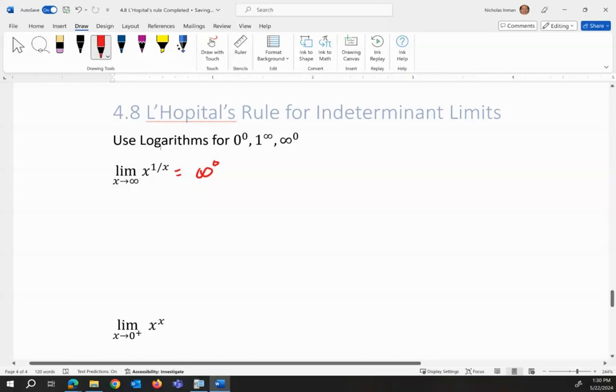Remember, these are limits, so it's not actually 0 and it's not actually infinity. The bottom number's getting really big, but the top number's getting really close to 0. It's weird. So the method that we employ here is logarithms. If we say that this is equal to some limit L, let's put that over here.